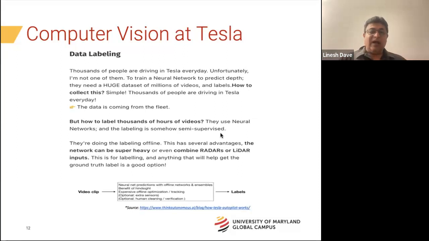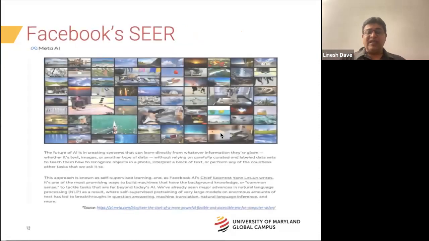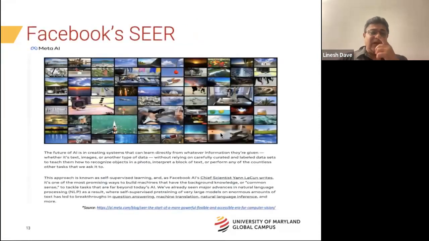Another fascinating thing is Facebook's Seer. Facebook Seer is using something called self-learning, which is it has no labeled data. It's completely unlabeled. Just by looking at the structure of the data, it is able to detect or label the images accordingly. How cool is that? It doesn't have any labeled data.